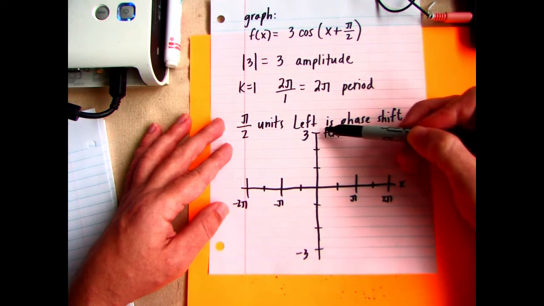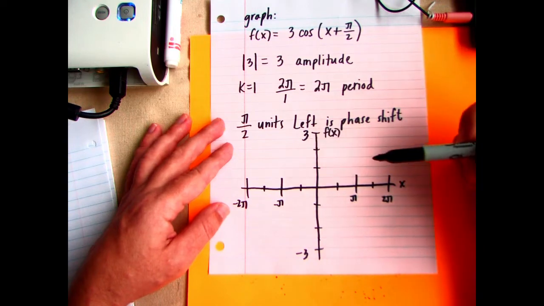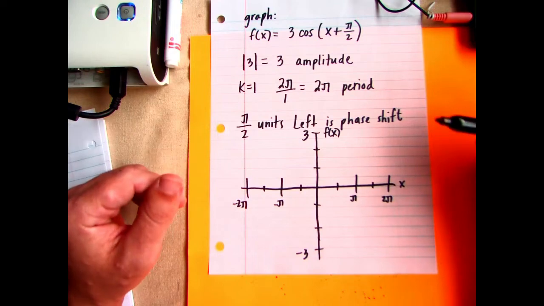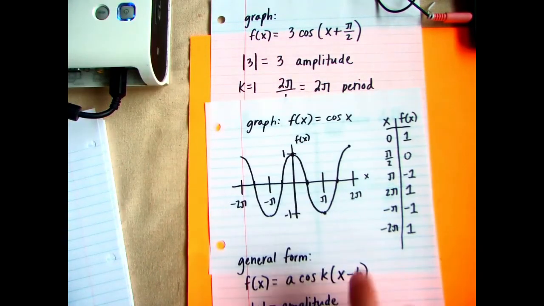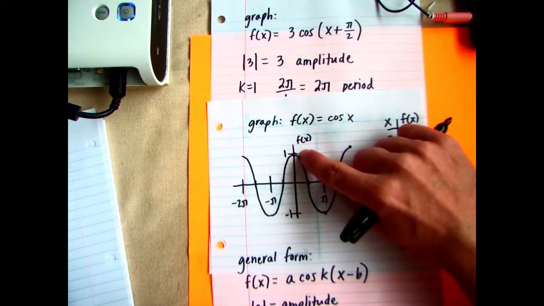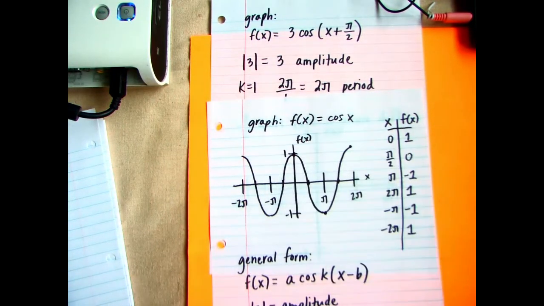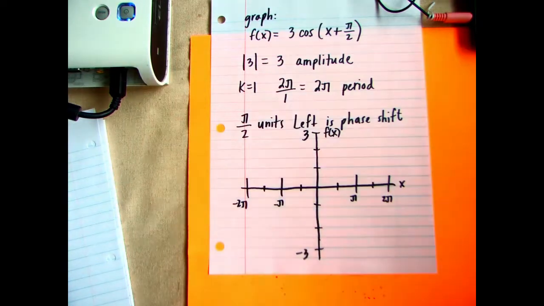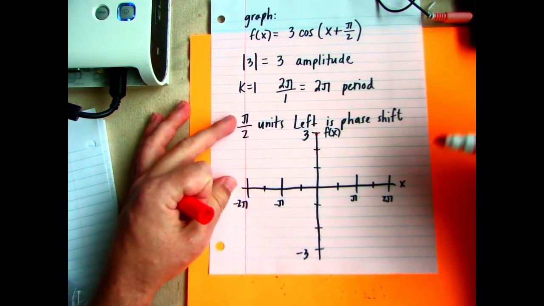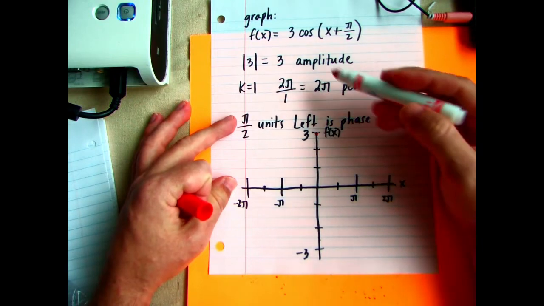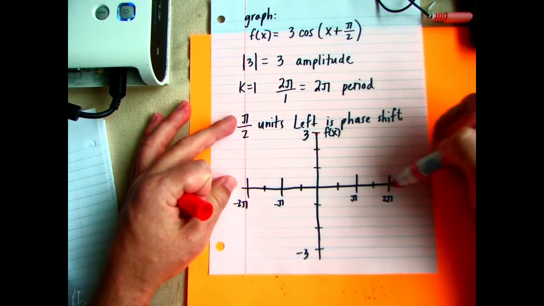So I'm going to draw in everything but the phase shift. So I'm going to draw in a graph that will have an amplitude of 3 and a period of 2 pi. And again, remember where cosine starts. It starts at 0, 1.